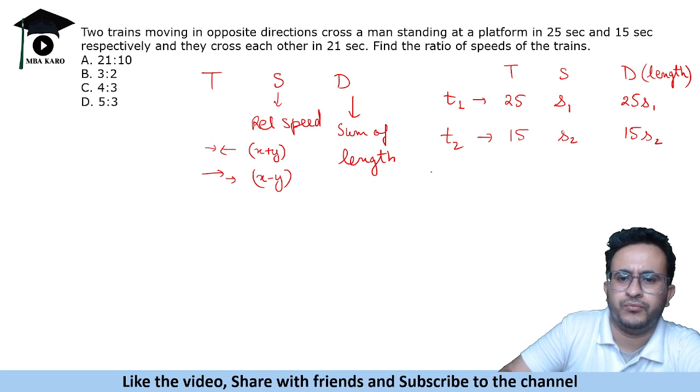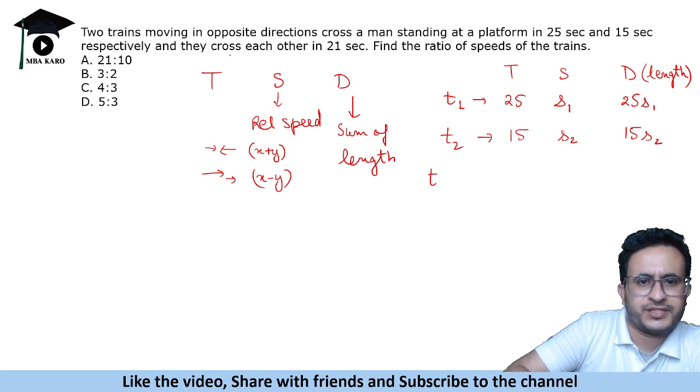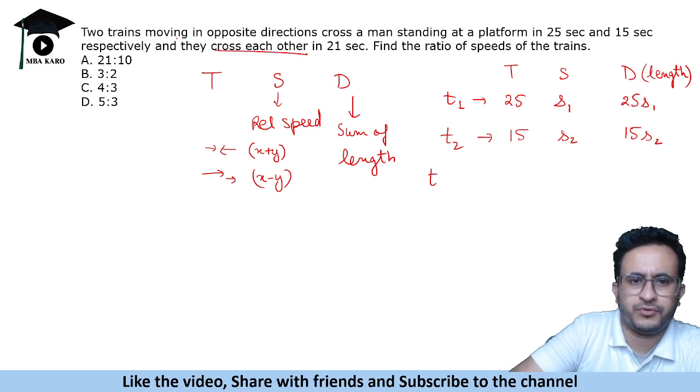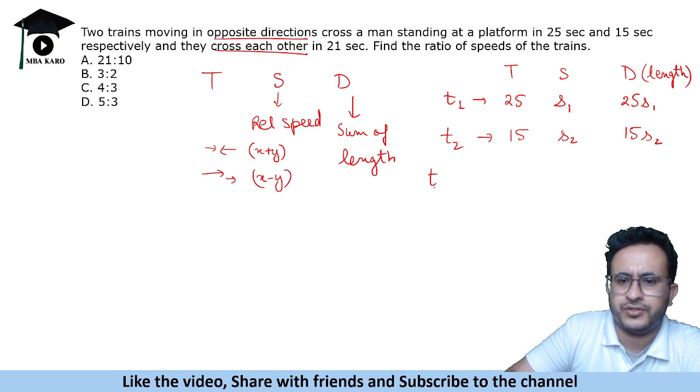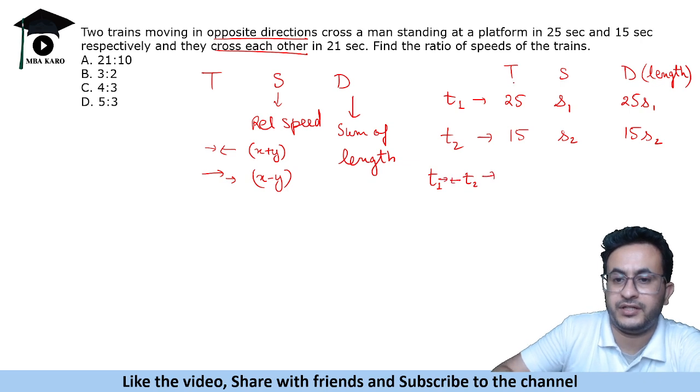Now when they cross each other, both are moving in opposite directions. So T1 and T2 are moving like this, towards each other. The total time taken is 21 seconds.